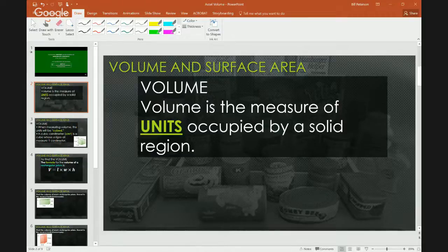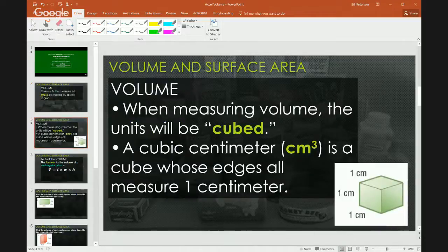Volume is the measure of units occupied by a solid region. When we talk about volume, we're talking about what we can fill inside of a shape. The units are going to be cubed. We have an example right here.